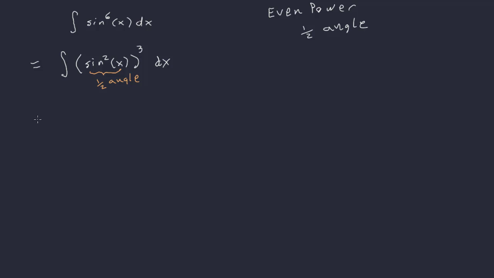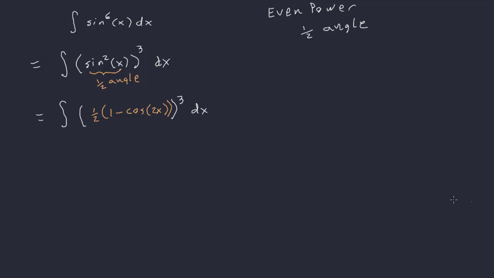Okay, so we'll get the integral of, now for sine squared, it's 1/2 times 1 minus cosine of 2x, right? And then we are cubing this whole thing. And I think I need another, yes, another parentheses.